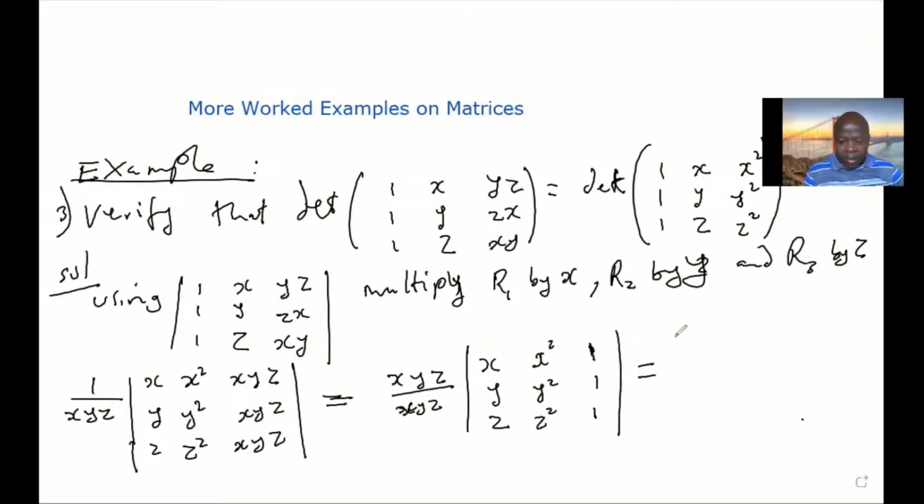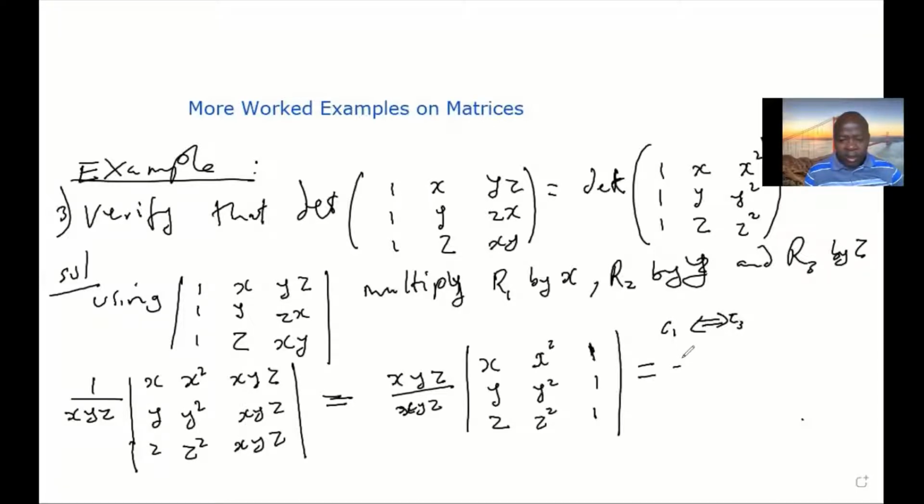Now, I want you to change column 1 and column 3. Let me do that one first.